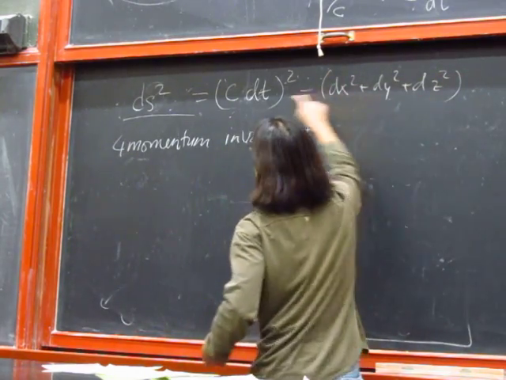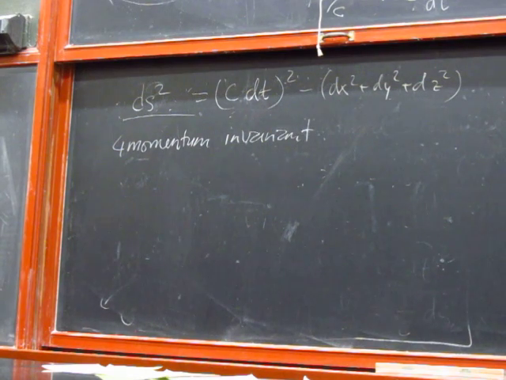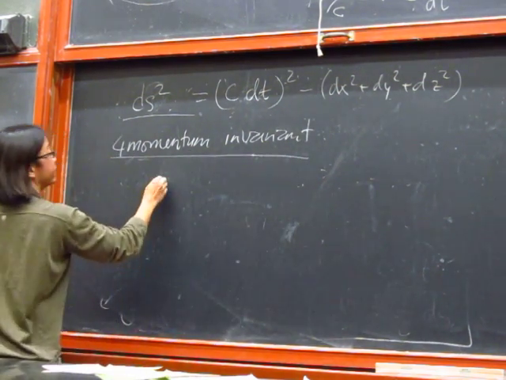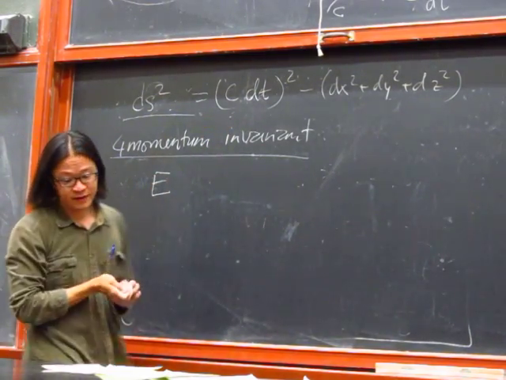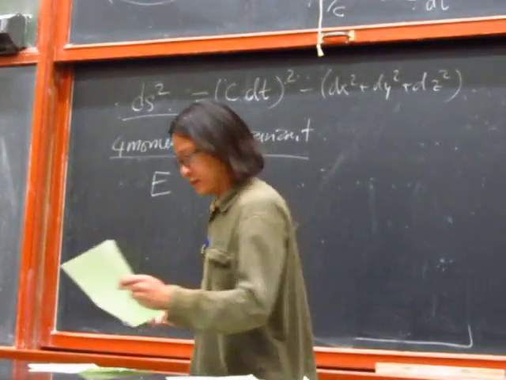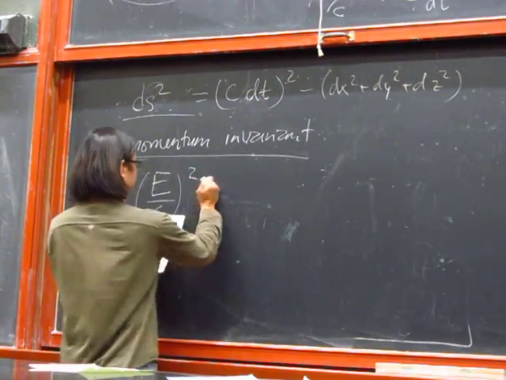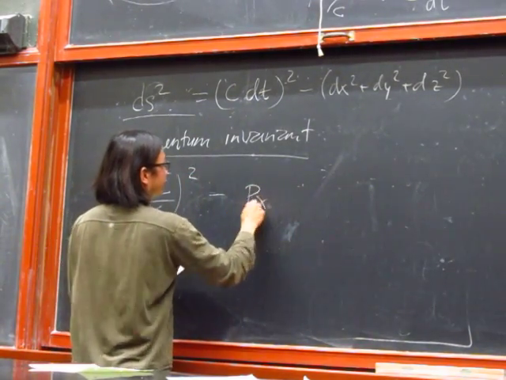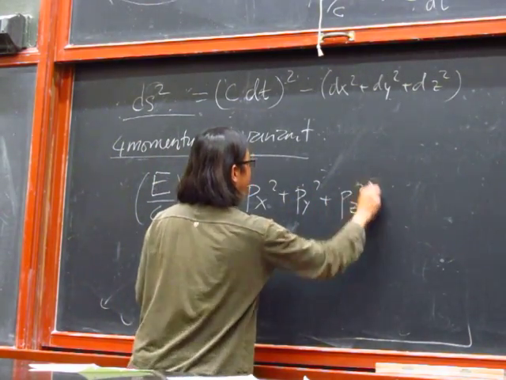These are all vectors, and E is a scalar. Then it's the same thing here. I have just to copy that. This is the part I always forget about, the c, right? (E over c) squared minus px squared plus py squared plus pz squared.